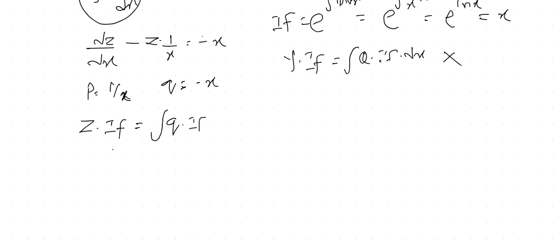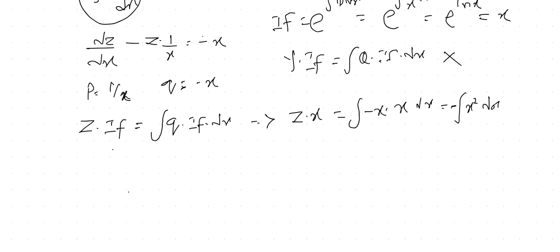We have z. Okay, let's leave z for now. z multiplied by the IF, the integrating factor x, equals the integral of Q, where Q is minus x, and the IF is also x, then dx, which gives us minus x squared dx.